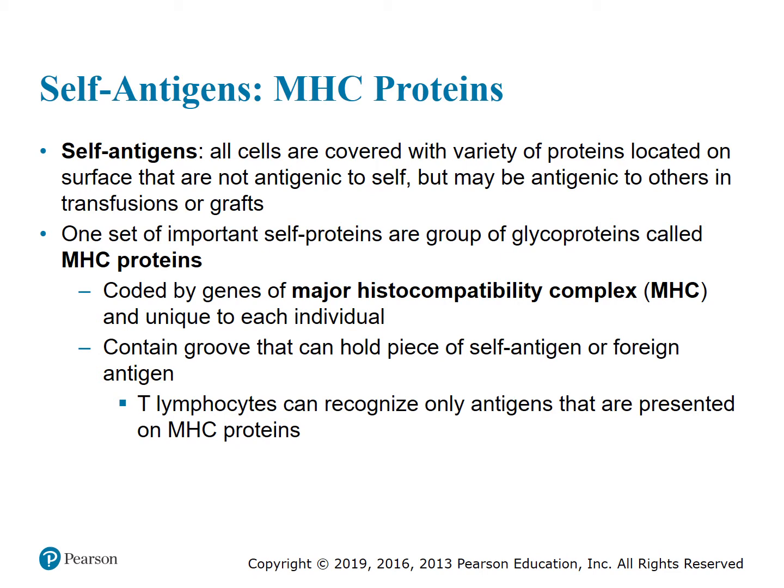One set of important self-proteins are a group of glycoproteins called the MHC proteins, and they're coded by genes. They're called the major histocompatibility complex, the MHC, and they are unique to each individual. They contain a groove that can hold a piece of the self-antigen or foreign antigen, and the T lymphocytes can recognize only antigens that are presented on MHC proteins.